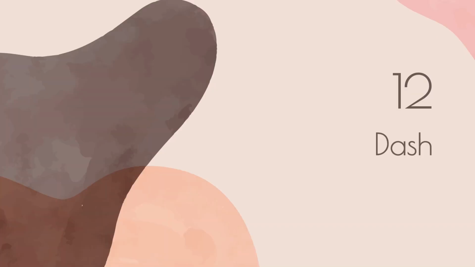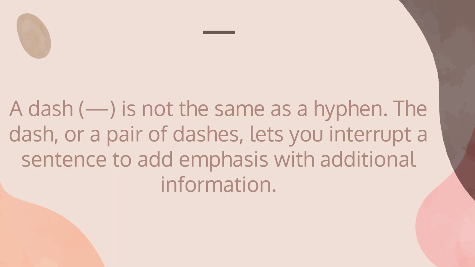Next up, we have dash. A dash is not the same as a hyphen. The dash, or a pair of dashes, lets you interrupt a sentence to add emphasis with additional information.